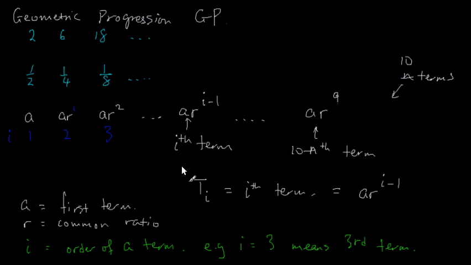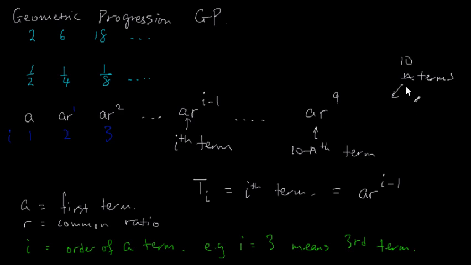So a times r to the power of 9 would be the 10th term. And if the sequence stops here, it means that I have altogether 10 terms in this sequence. Now let me make this more general.